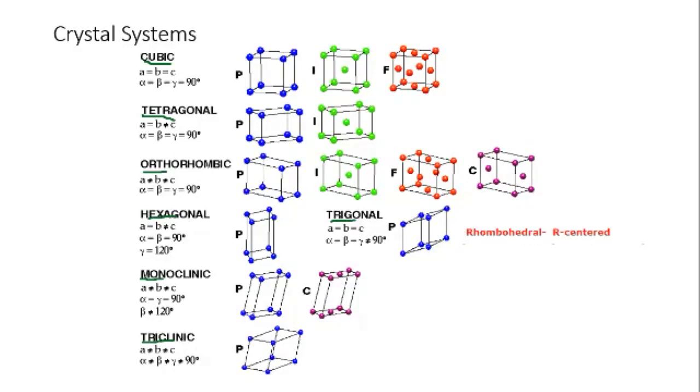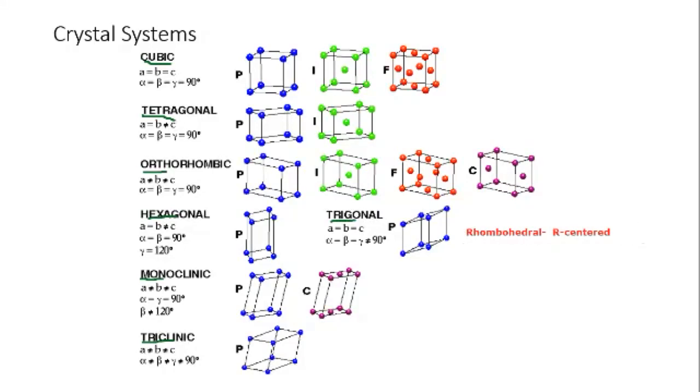So sometimes you may see trigonal, or sometimes you may see it as rhombohedral, but trigonal and rhombohedral are the same crystal system. Just there's a slight difference between the two because trigonal can only be primitive. Rhombohedral is what we call R-centered. And again, we'll talk more about that when we're discussing the different space groups in the crystal system. But they're counted as the same.